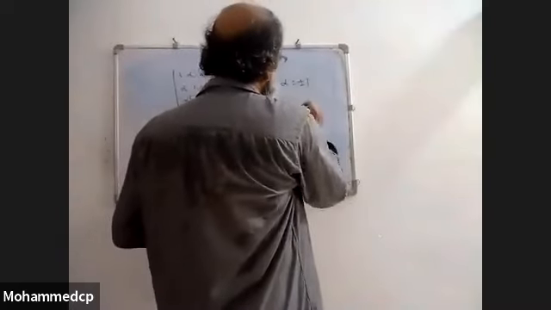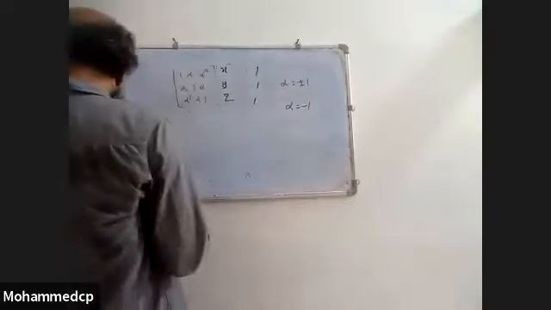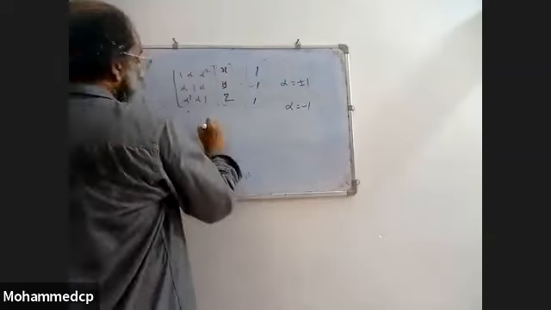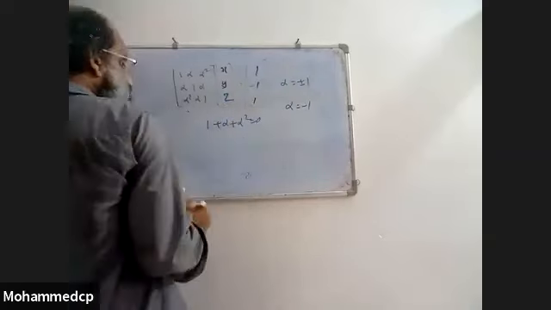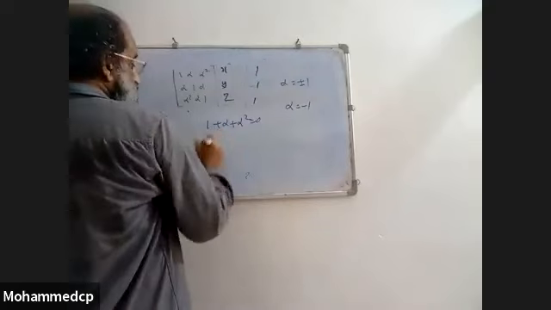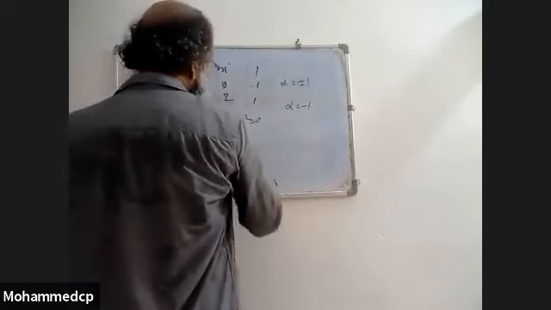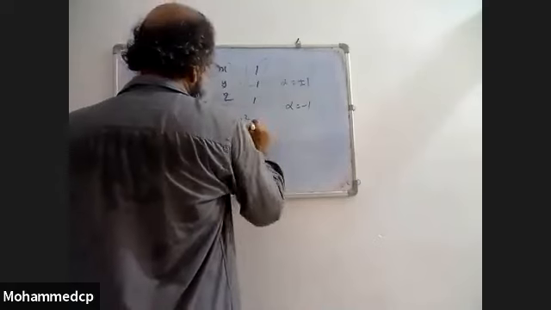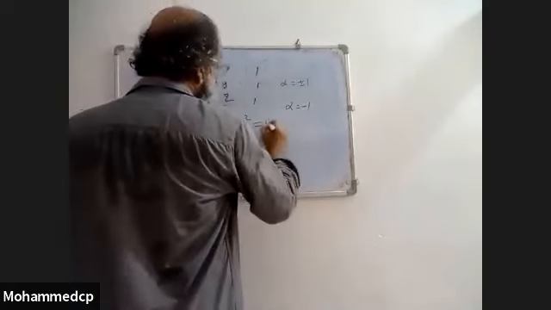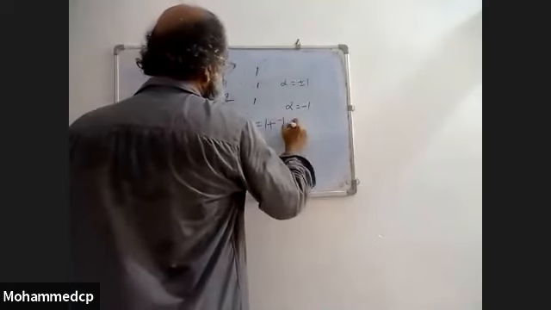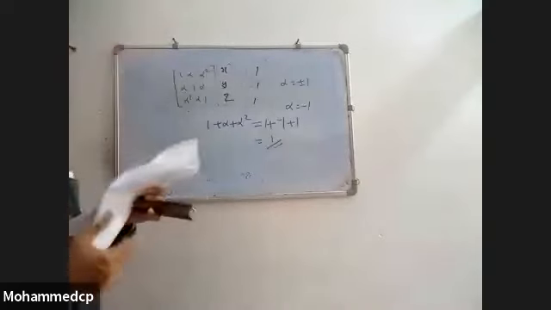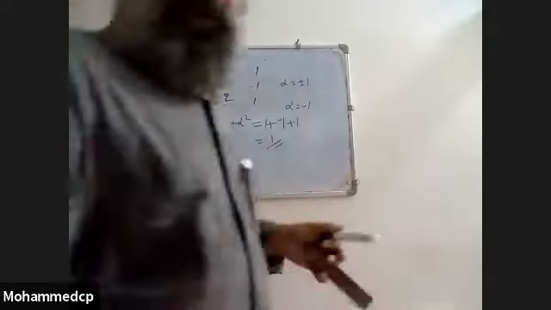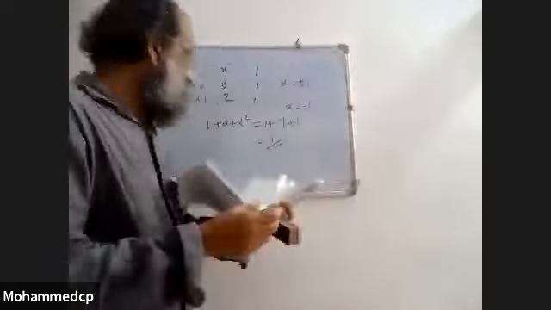When alpha equals minus 1, alpha square plus 1 is 1 plus 1, so the value is 1. That is the correct option of that question, the answer of that question, which is an integer.